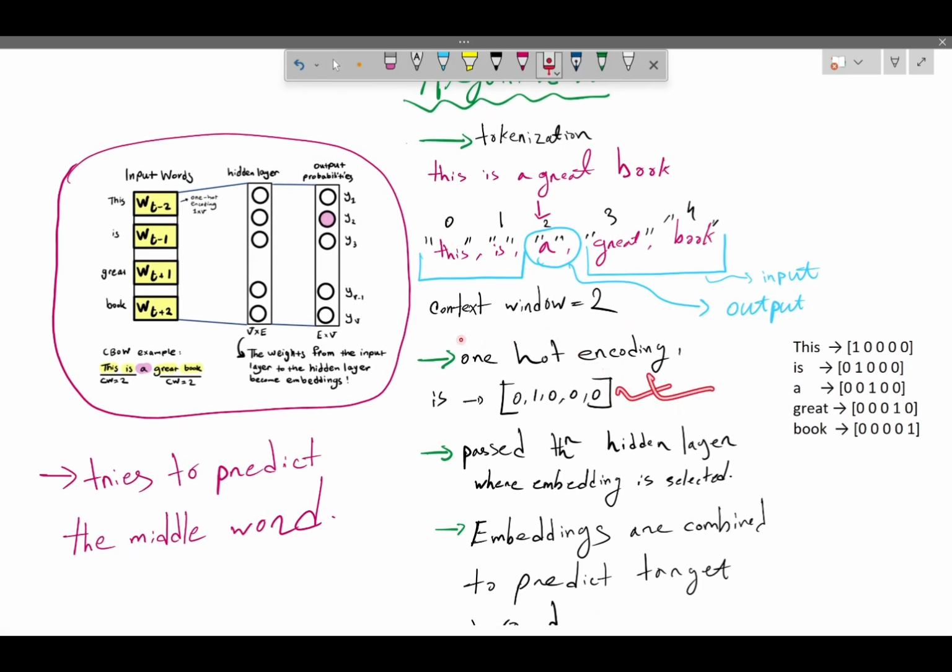So here comes one hot encoding. One hot encoding basically converts each of these tokens into a vector, and it uses a positional vector to encode it. For example, if we label each of the tokens 0, 1, 2, 3, 4 as indexes, then suppose we're trying to encode each token.